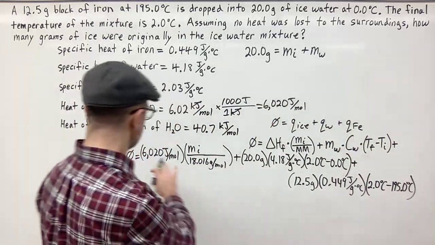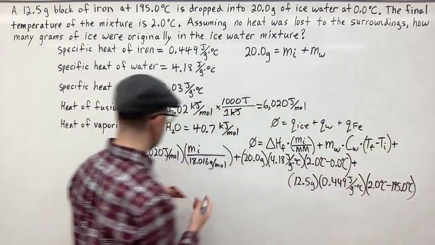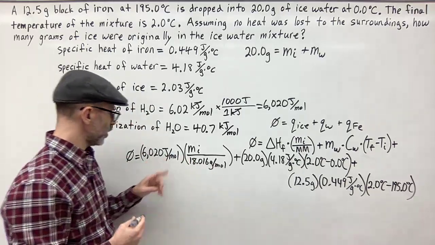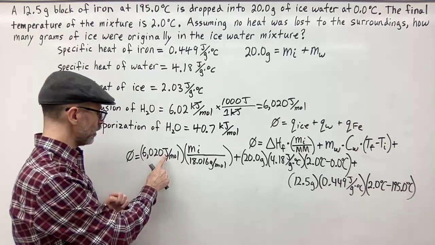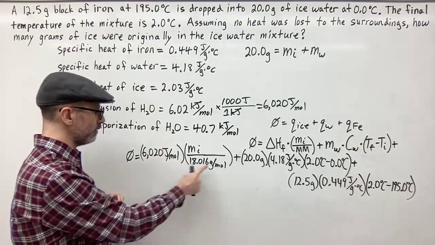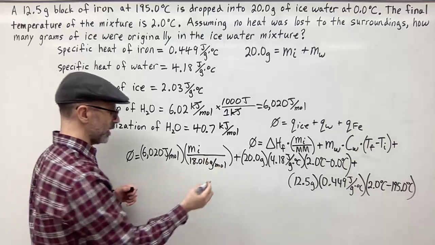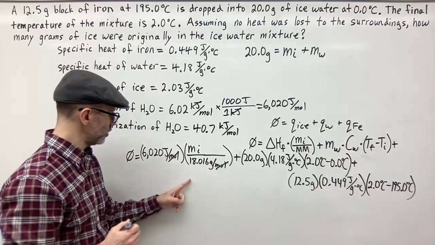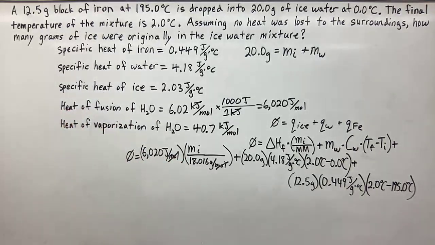And so here's my equation. So now all I need to do is simplify, multiply, and divide. So here, notice I have joules over mole. I'm going to divide by grams over mole. That means the moles here are going to cancel out. And when I divide these two, I get, what do I get?